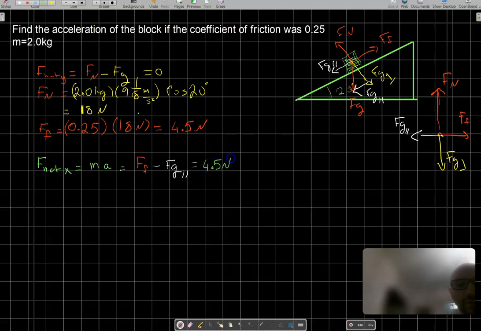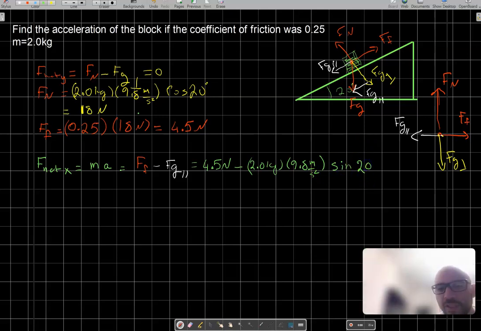So we already have the force of friction, 4.5 newtons, minus the force of gravity parallel, which would be 2.0 kilograms times 9.8 meters per second squared multiplied by the sine of the angle 20 in this case.